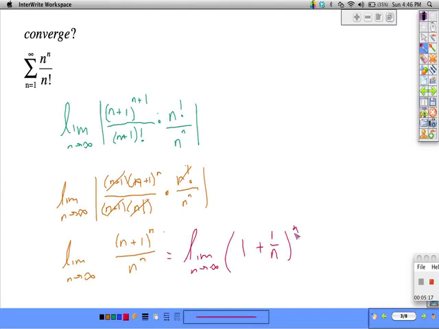The limit of 1 plus 1 over n to the nth power, which is equal to e. So by the ratio test, this series diverges because e is greater than 1.